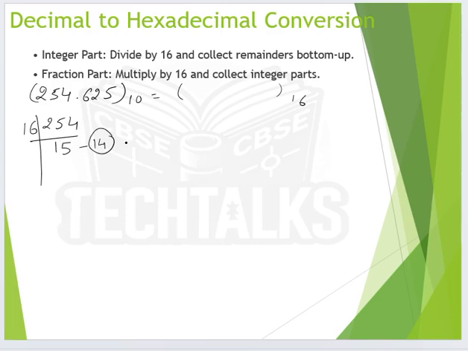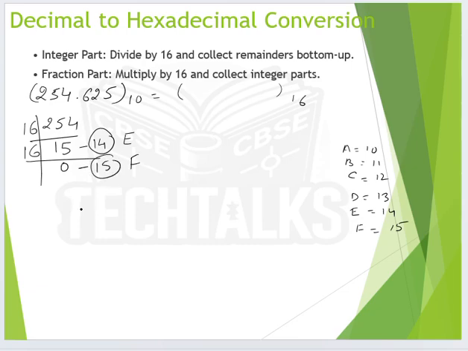So 14 can't be written here, so we will write E, because we know that A is 10, B is 11, C is 12, D is 13, E is 14 and F is 15. Again divide by 16. When you divide this by 16, you will get quotient 0 and remainder 15. So 15 is to be written as F. So we can say 254, which is in decimal, equals FE in hexadecimal.